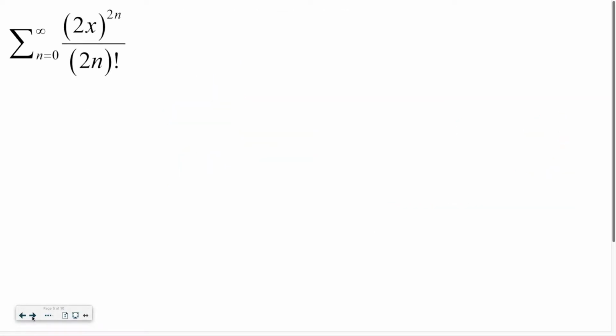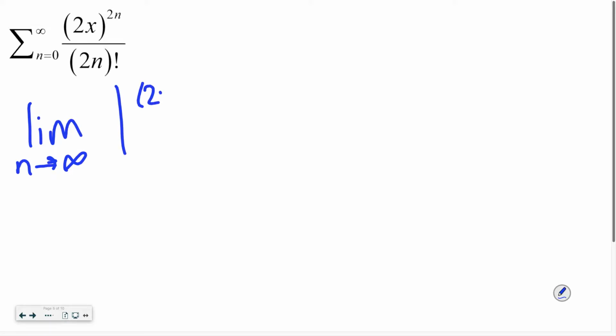Okay? So this one's slightly different. Oops, needs to be n towards infinity.